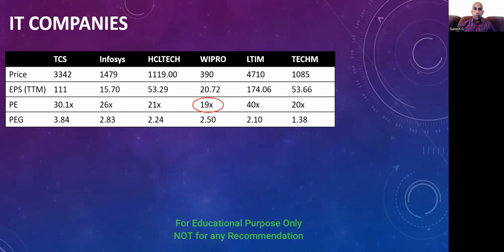The lowest PE is Wipro, but the lowest PEG ratio is Tech Mahindra. That is 1.38.